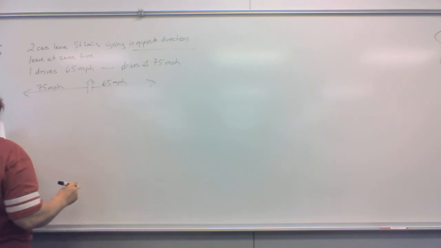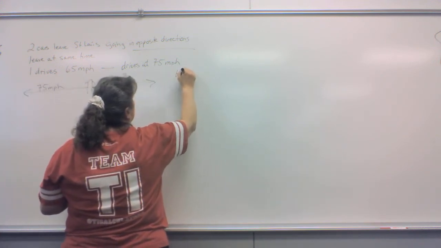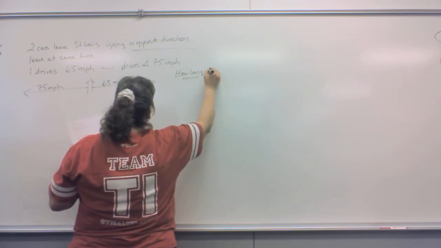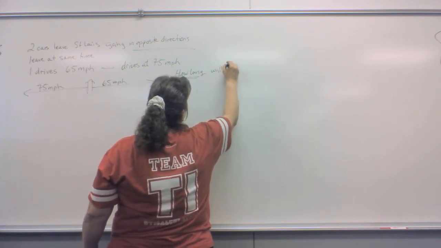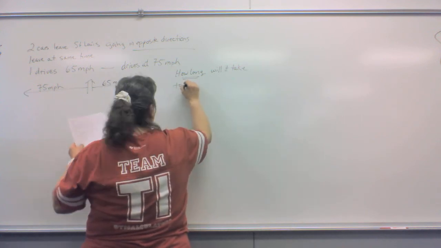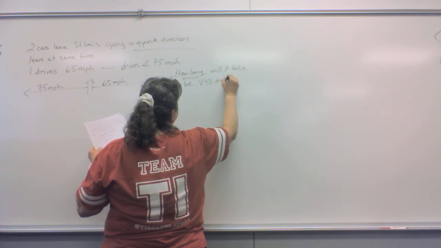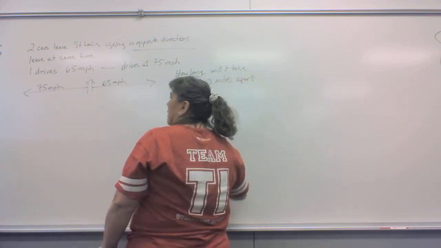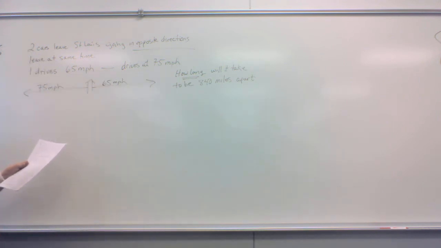Okay? How long? There's that key word, how long, looking for time, will it take them to be 840 miles apart? In other words, they're going to get quite a ways apart, 840 miles apart.